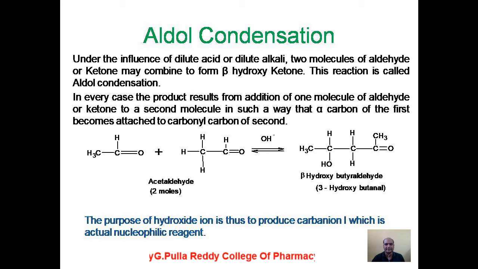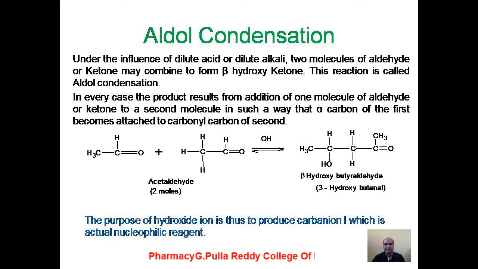Here I have taken an example of acetaldehyde. 2 moles of acetaldehyde reacts to form beta hydroxy butyraldehyde, which is otherwise called as 3-hydroxy butanal. So mainly we are seeing one base here, that is hydroxide ion.